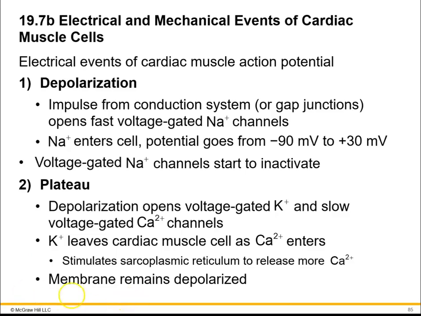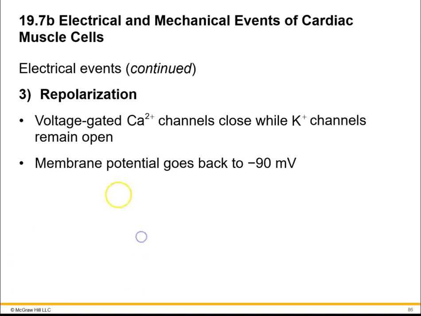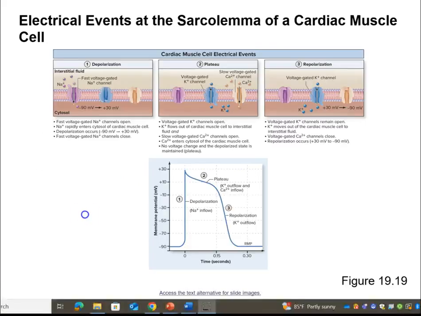However, the membrane is going to remain depolarized. Okay, eventually during that plateau phase, you're going to reach a certain membrane potential, and voltage-gated calcium channels are going to close while potassium channels remain open. And this is going to allow that membrane potential to drop back down to negative 90 millivolts.